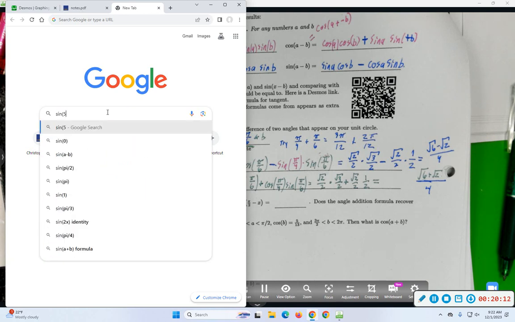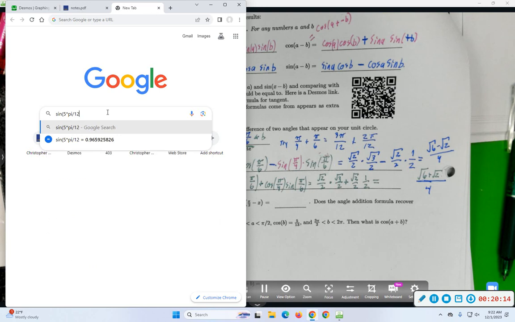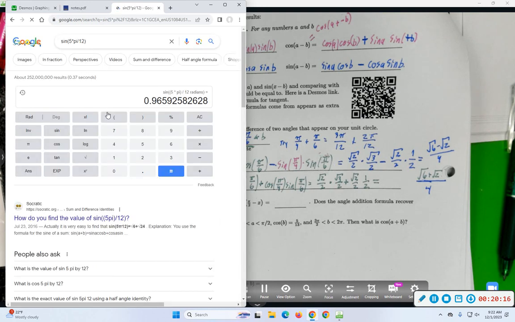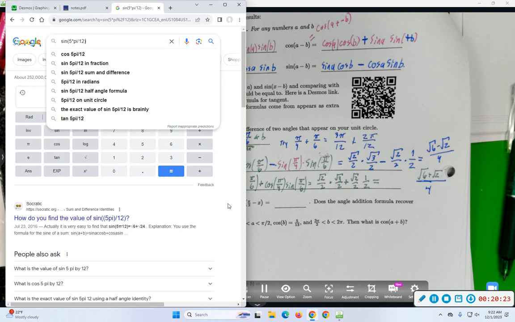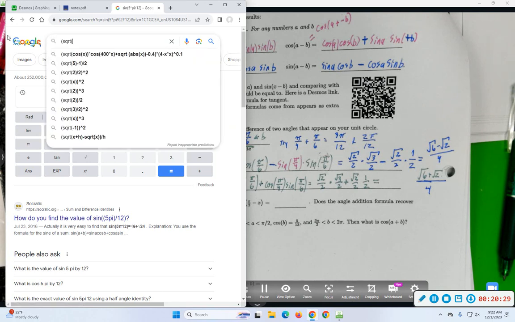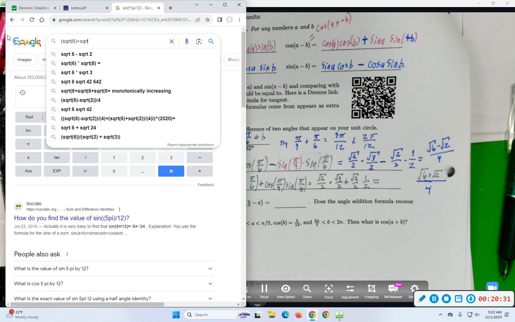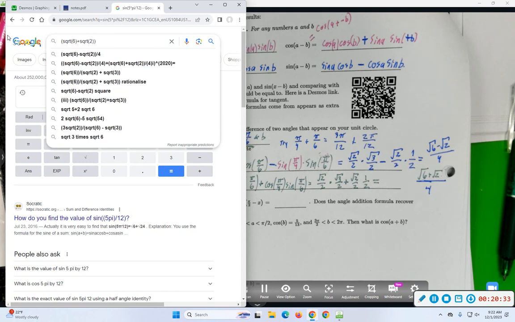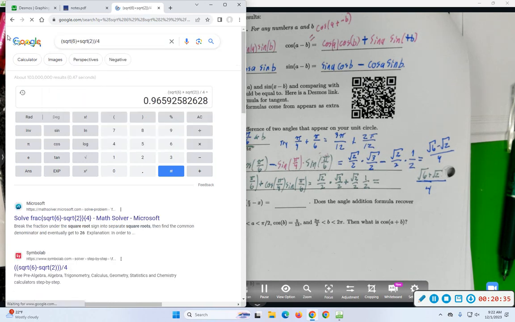Sine of 5 times pi divided by 12. And Google will default to thinking in radians, but it even says so right there. 0.97-ish. Square root of 6 plus square root of 2 divided by 4. Is that the same number as it was before? Mm-hmm. Awesome. I think that they actually agree.